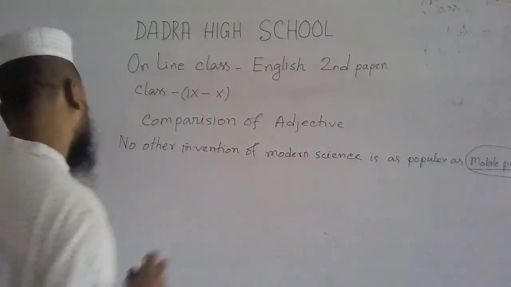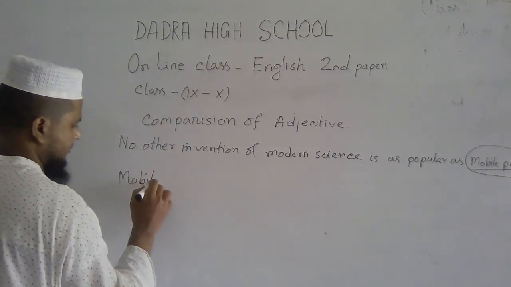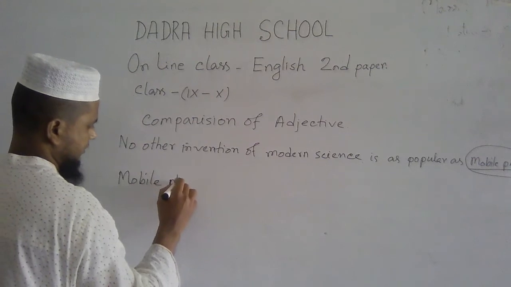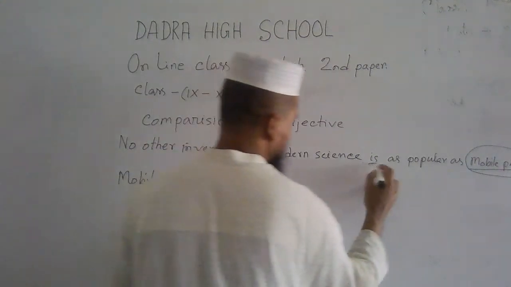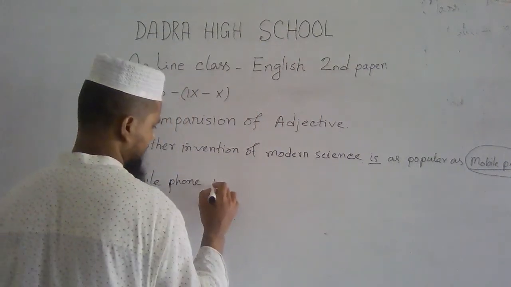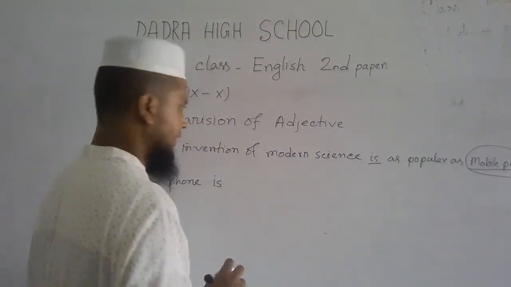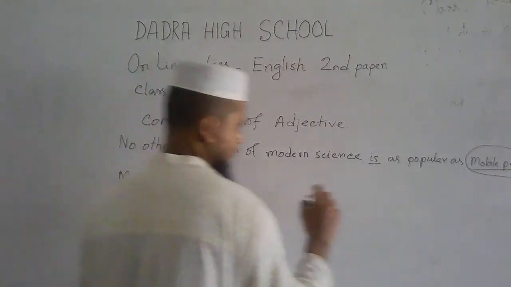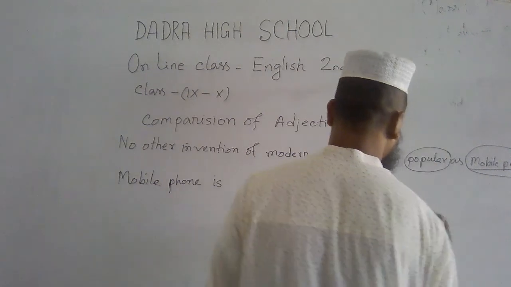So to make it comparative or superlative, you have to take first the subject, mobile phone, and then you will take verb is, and then to make comparative, you will take the comparative form of the adjective.